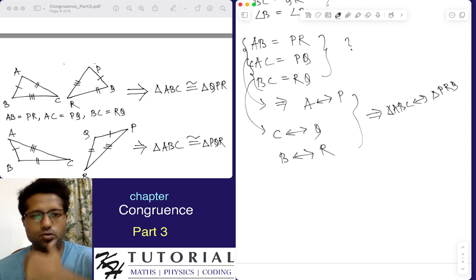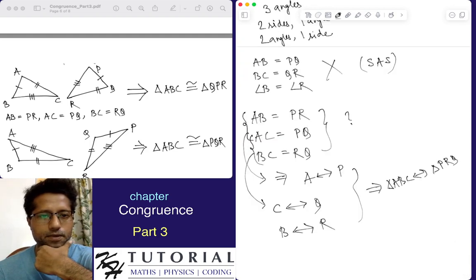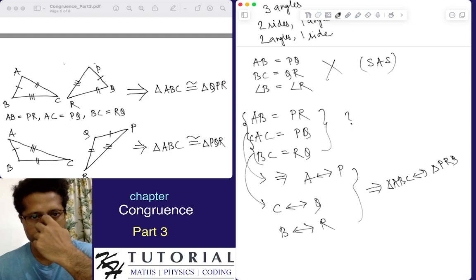In the notes, below the diagram, I've written AB equals PR, but that is wrong. AB is equal to PQ.